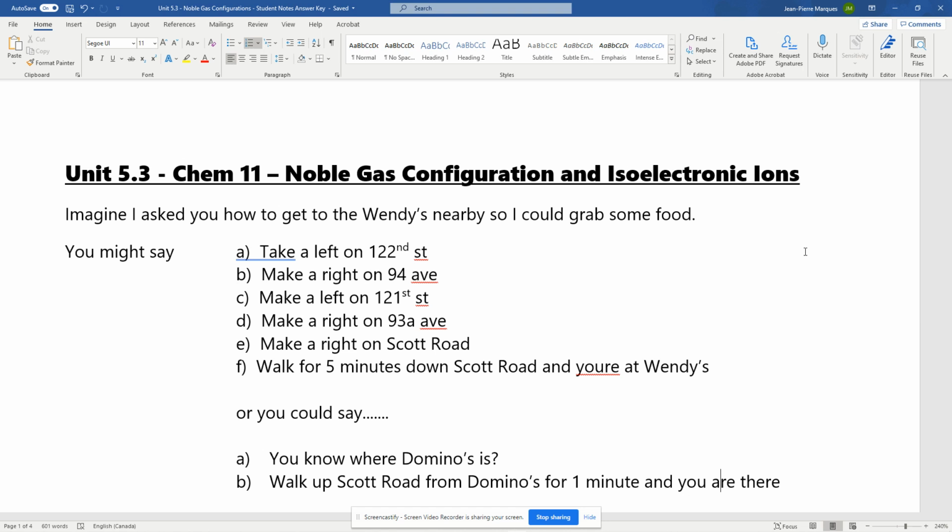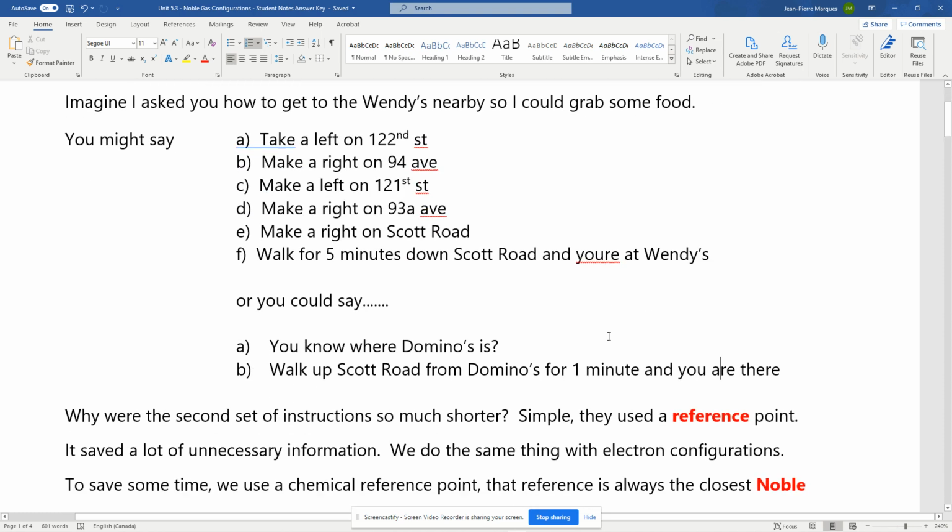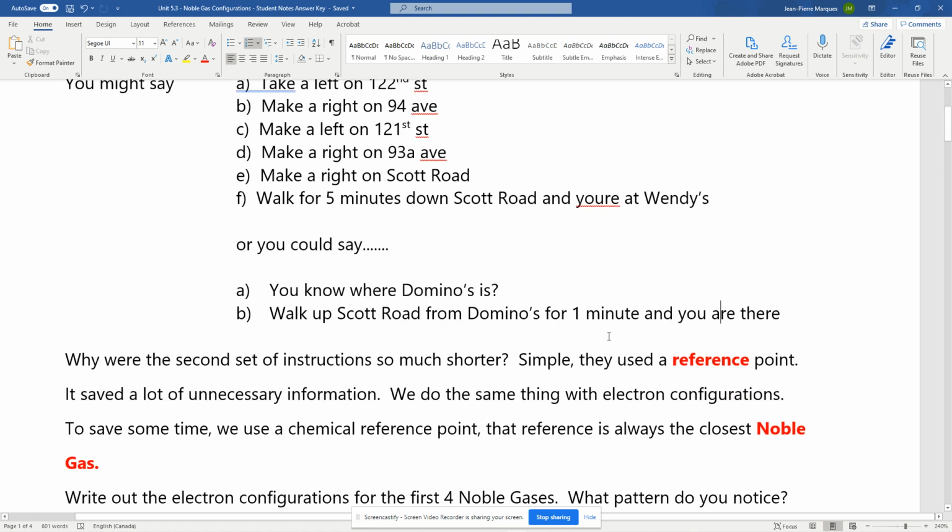Alternatively, you could say, you know where Domino's is? And they nod their head yes. You go, okay, well, just walk up Scott Road from Domino's for 1 minute, and you're at Wendy's. So a big difference between the two sets of instructions, right? The first set of instructions required a lot more information than the second. Well, why is that? Simply put, the second set of instructions used a reference point.